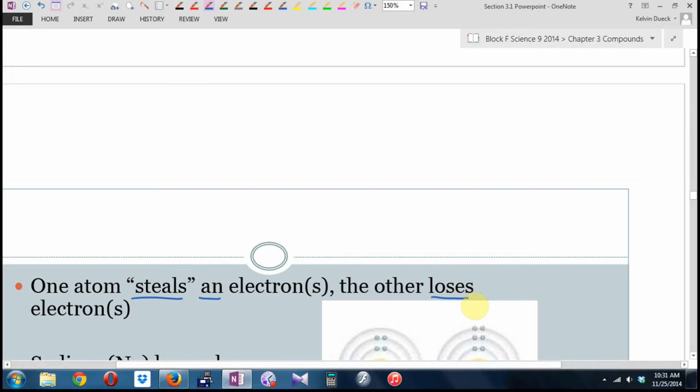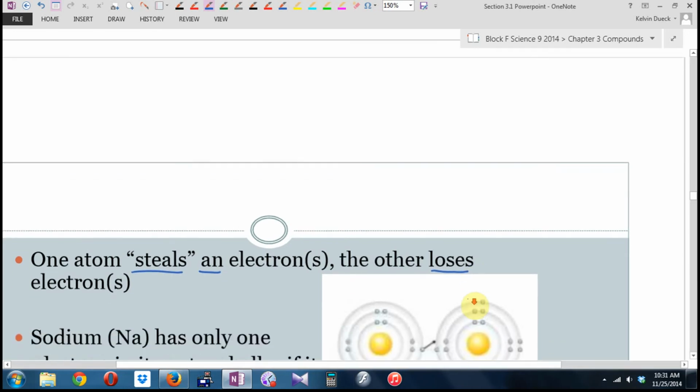Metals. Which ones wanted to gain electrons, metals or nonmetals? Nonmetals. Hey, this is a match made in heaven. You want to get rid of something? I want to take it off your hands. Let's be friends. But in this case, instead of sharing, the electron is completely transferred over to the other ion.